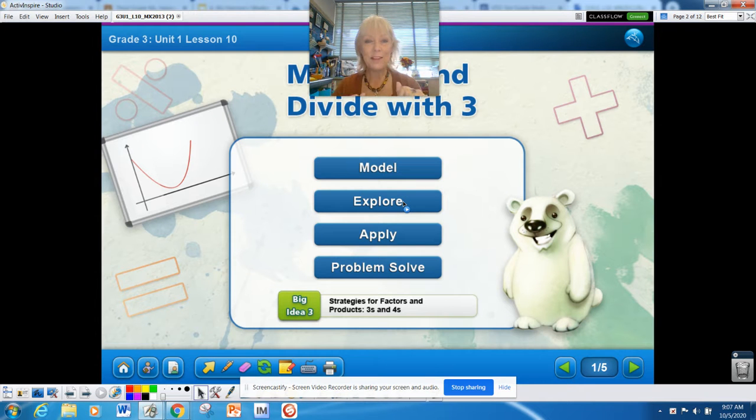Let's pause right there, because look, when you multiply 3 times 5, 3, 6, 9, 12, 15. It is the same as multiplying 5 times 3, 5, 10, 15. So if you can keep that number in your head when you're dealing with 3 and 5, 5 and 3, 5 times 3 is 15, 3 times 5 is 15.